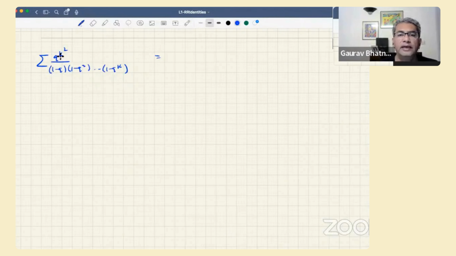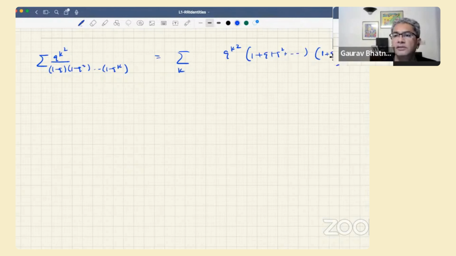So if you look at each term for every k, there's a q to the k squared, and then this guy 1 over 1 minus q you can write as 1 plus q plus q squared and so on. Then 1 over 1 minus q squared you can write as 1 plus q squared plus q raised to 4 plus so on, and so on for every guy: 1 plus q raised to k plus q raised to 2k plus.